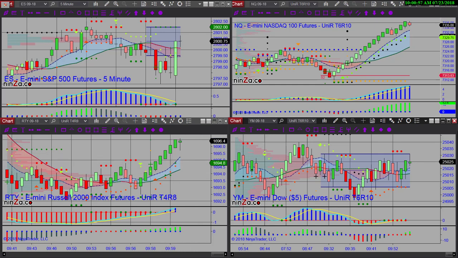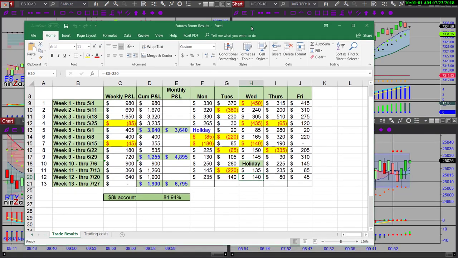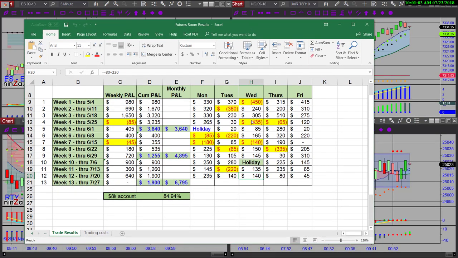Now, I want to point out that if anybody tells you they don't have losing trades, or that they have a 90% or 80% win rate, grab hold of your wallet and run the other way as fast as you can. You can see right in here, we're doing very well, at 85% return on our $8,000 account.